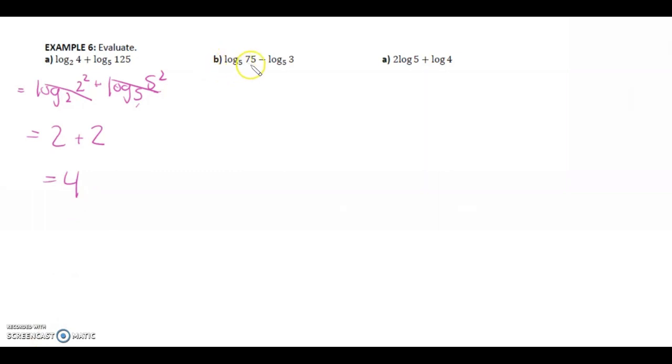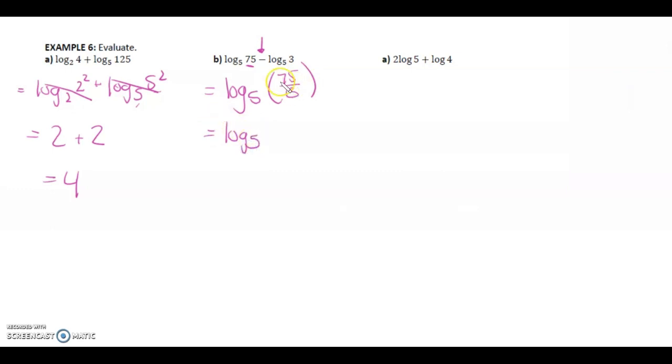Okay, so log base 5 of 75 minus log base 5 of 3. Right here, I can't rewrite 75 with a base of 5. So instead, I'm going to focus more on this negative sign, and I'm going to rewrite this as log base 5. Because these are subtracted, I'm going to write 75/3.